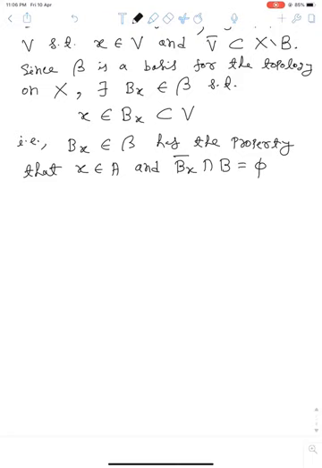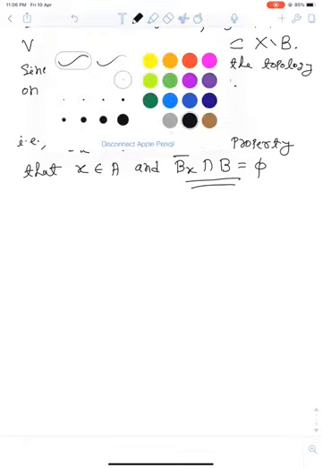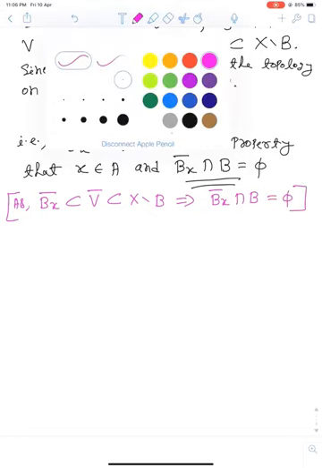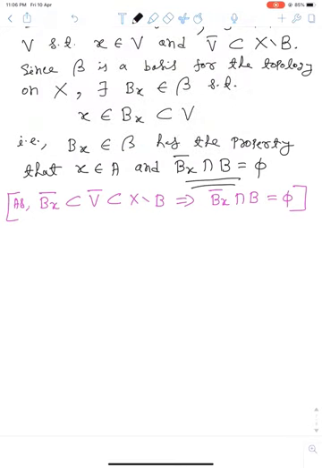Now why is this true? Because what is my Bx? The closure of Bx is a subset of the closure of V, since Bx is a subset of V, and this is a subset of X minus B, right? So that implies the closure of Bx intersection B is empty, right?